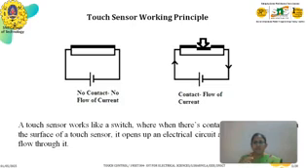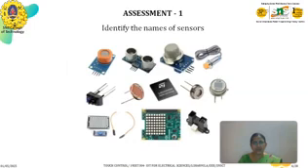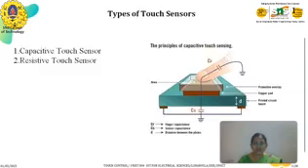From this we can calculate the touch point of the particular device. Touch sensors work like a switch: when there is a contact, touch or pressure on the surface of the touch sensor, it will open up an electrical circuit and some amount of current flows through it. Based on this, we can classify the capacitive touch sensor and the resistive touch sensor.